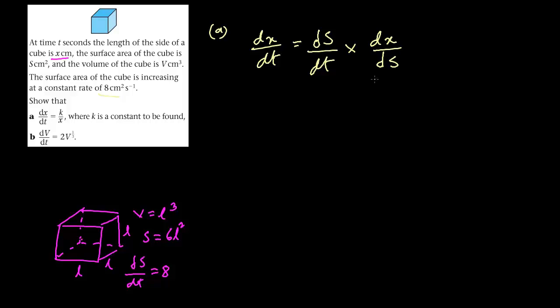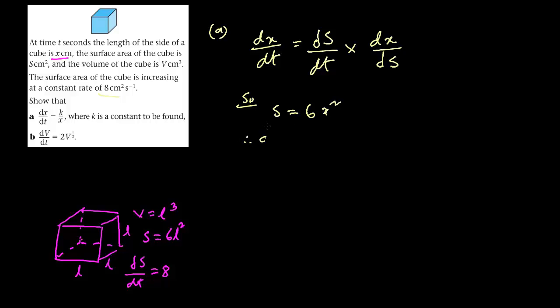Usually surface area is given by the letter A, but here they are using the letter S. Sometimes they do it to check whether people are doing the sum from memory or they understand the concept. So let's start with the surface area. Surface area is 6L squared. Here the side is x, so 6x squared.